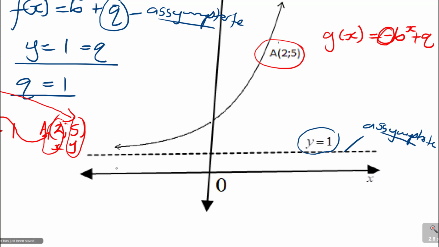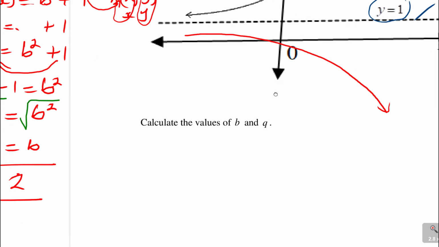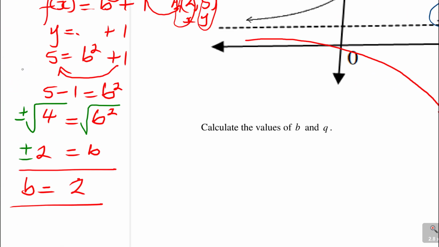So you expect it to become a graph like that, on the negative side. Are you with me? When x becomes positive, the graph becomes more negative. It was supposed to be like that, but because it's going up, we only say the graph is involving positive b as well as q. So here b is 2, q is 1.